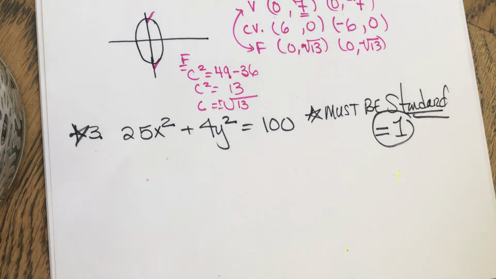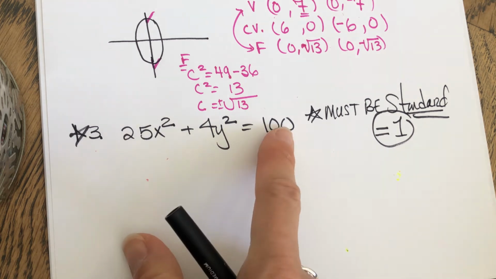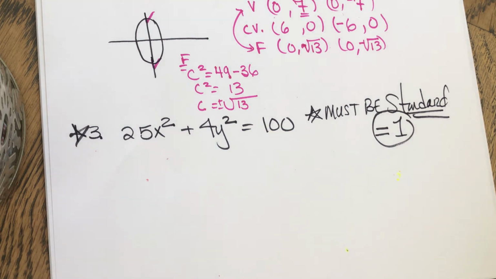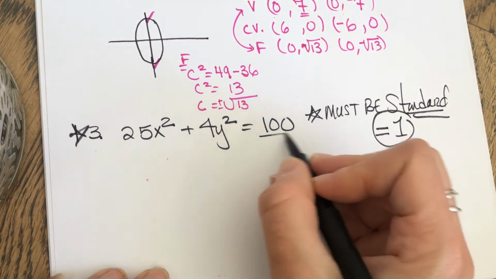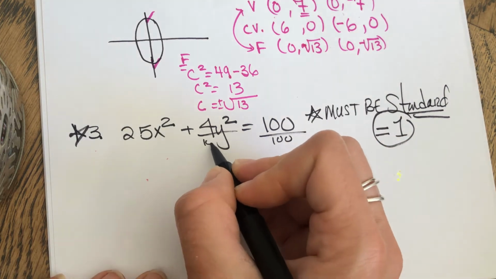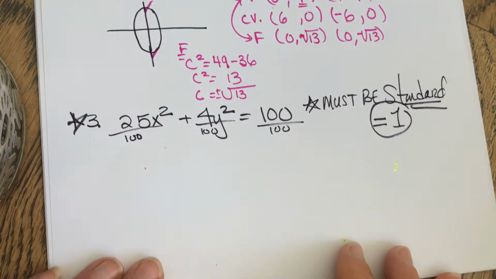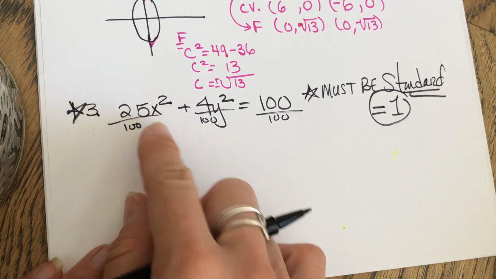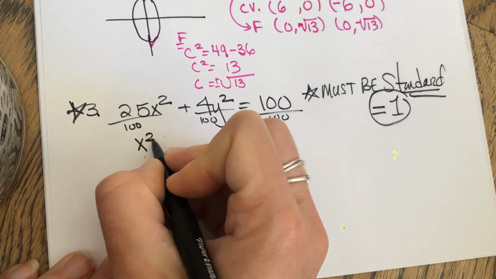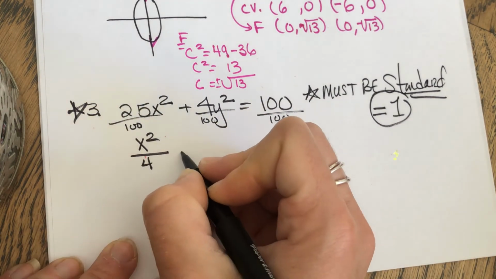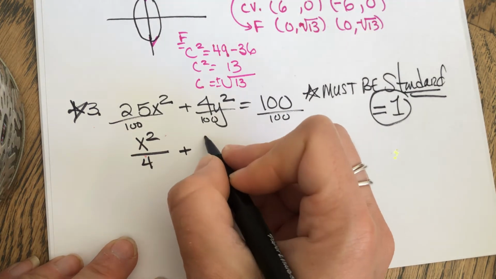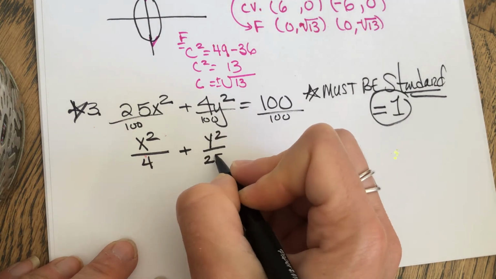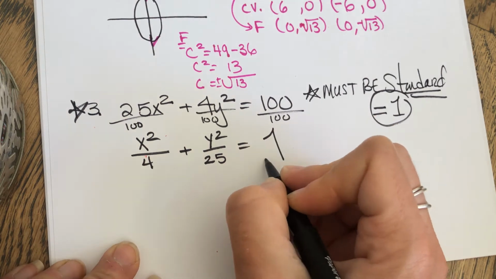So if the ellipse must equal 1, what do you have to divide by? If you want that to equal 1, then we have to divide everything by 100. So then what do you have over here? We have x squared over 4 plus y squared over 25 equals 1.